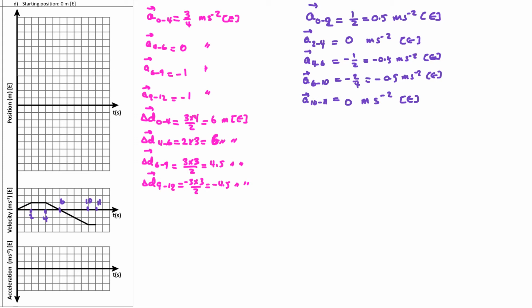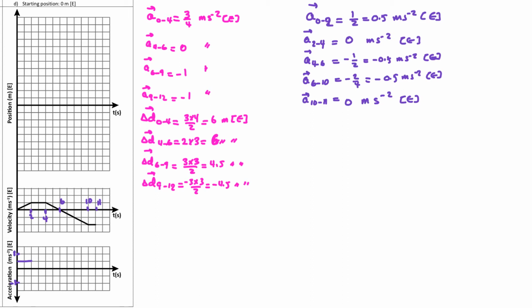In terms of the values for this particular case, we can see that most of our values are either just -0.5 or 1. So I'm going to change my scaling for this acceleration. I'm going to leave this as +1 and this as -1. And I think that makes things a little bit easier to draw out. So +0.5 for the first 2 seconds.